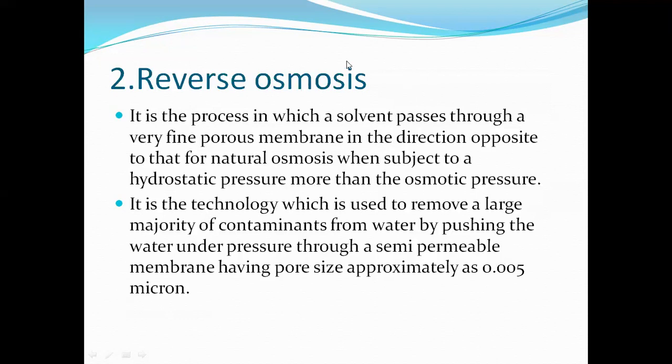For that, first we have to know what is meant by osmosis. What is the osmosis process? In the osmosis process, there is one semi-permeable membrane present at the middle part of a tank, and a semi-permeable membrane allows the passage of water but not the solutes.